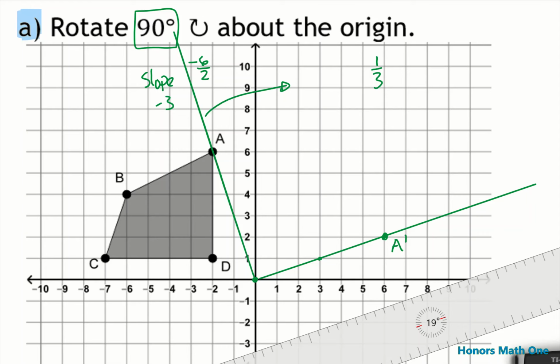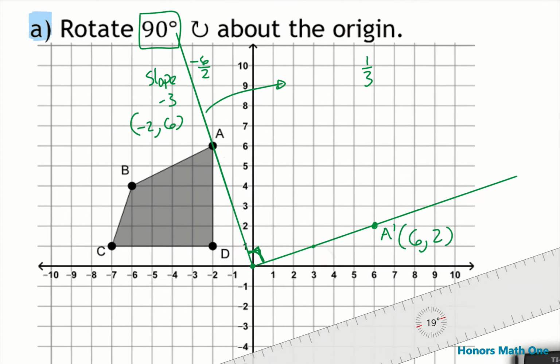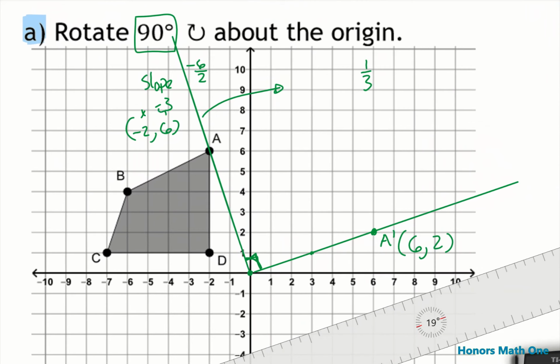Now that's instructive, because A was at negative 2 comma 6, and A prime lives at 6 comma positive 2. Observing that this opposite reciprocal did give me a right angle, so it is 90 degrees, I can see the point that I had, an x and a y, and notice where it went.